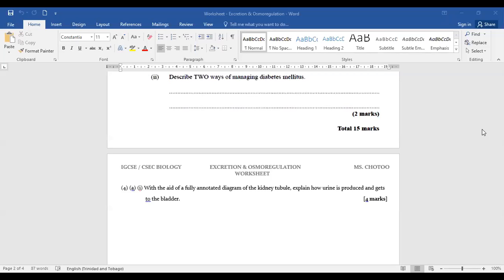How could you live a healthy lifestyle and still manage your diabetes? Yes, very good. Eat a balanced diet and exercise.